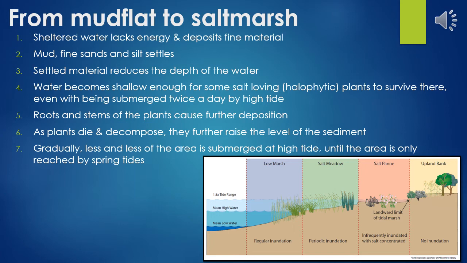Okay, so some key words there: succession, which is where one habitat changes over time to form a climax vegetation. And then we've also got things like your high tide mark.